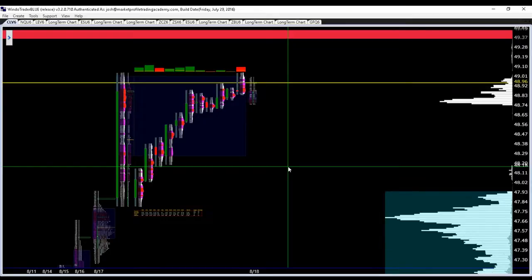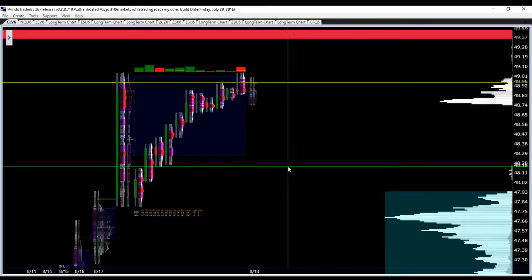That would say to me I'm going to lean toward a normal day. Then I'm going to try to pick, based on how the profile is developing in the day, which do I think has the best likelihood of holding, the top or the bottom? That's where I define my risk. That's how you do it.